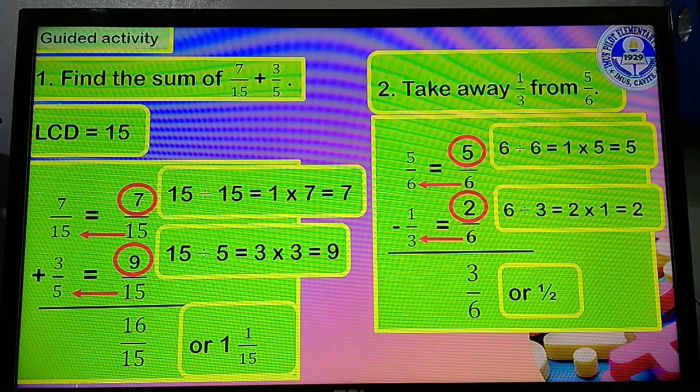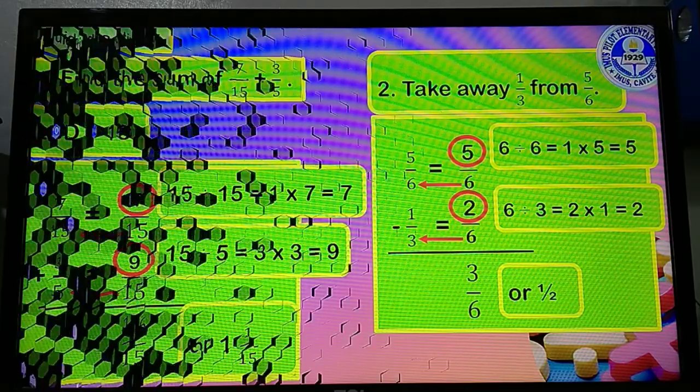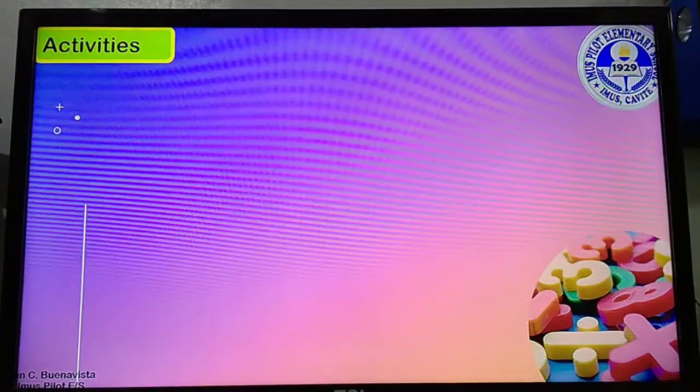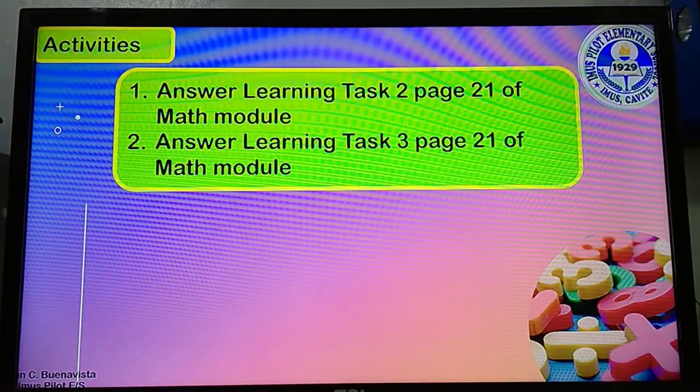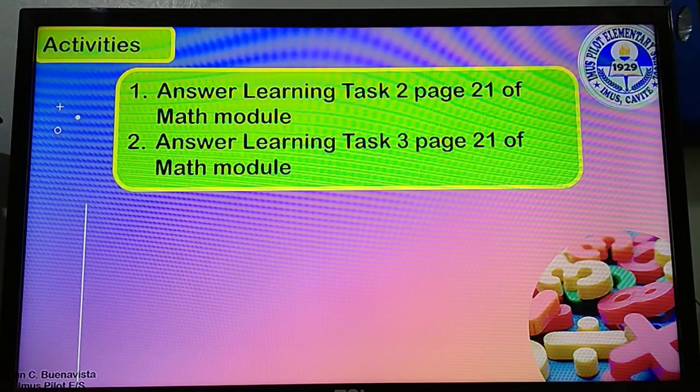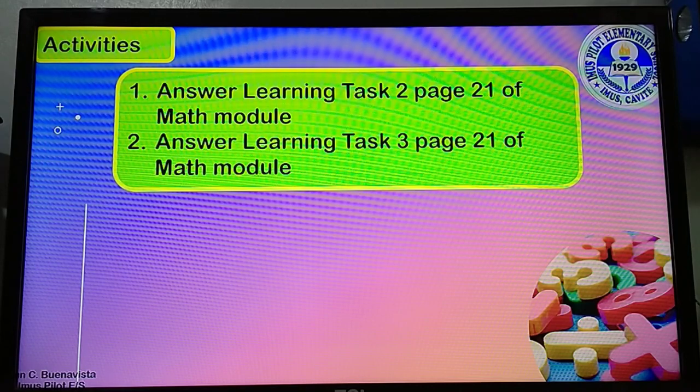Naintindihan po? Okay. So for your activities, answer learning task 2, page 21 of your math module. Take note, answer only. Do not copy the given. But you can use your scratch paper to solve, and you are going to write your answer only in your notebook.